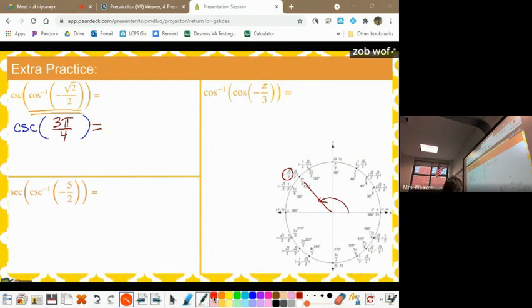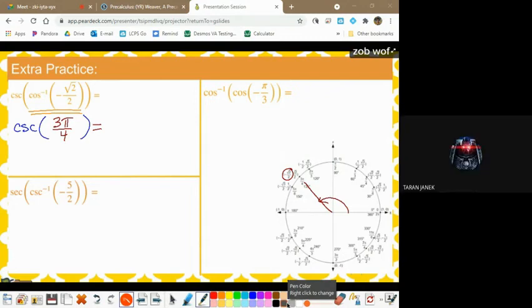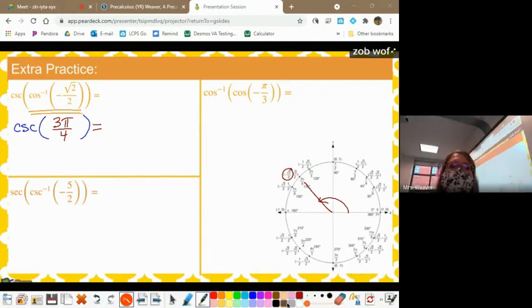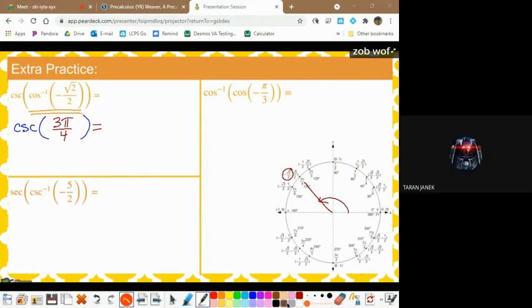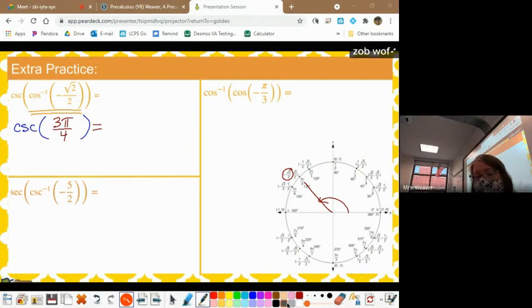Okay, now we want the cosecant of 3 pi/4. So what will that be? How do we find cosecant? It's the opposite of secant. No. Okay, cosecant is the reciprocal of sine. The reciprocal ones go with the 3 original ones. Our originals are sine, cosine, and tangent. So secant, cosecant, and cotangent pair up with either sine, cosine, or tangent. So cosecant is the reciprocal of sine.